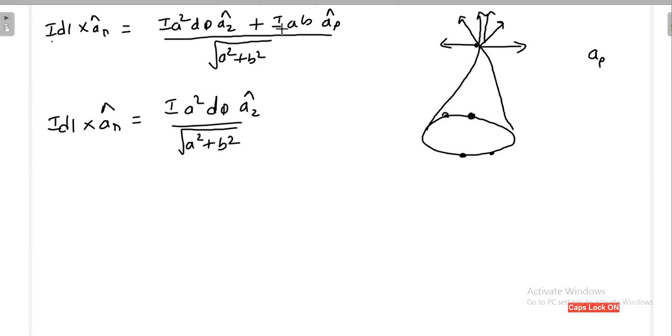You just try to integrate the second term separately with the limits available, and you should get zero. But by observation that will be zero anyway. I'm not taking that because this will already be lengthy, so I'm neglecting it. That value will be zero. So finally I know what is dl and a_R cap, so I can substitute in my equation.